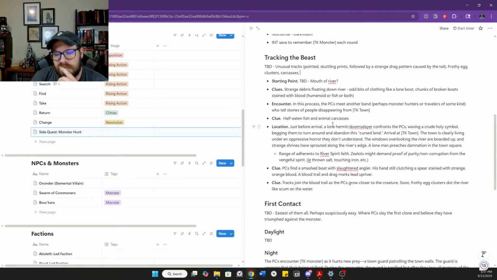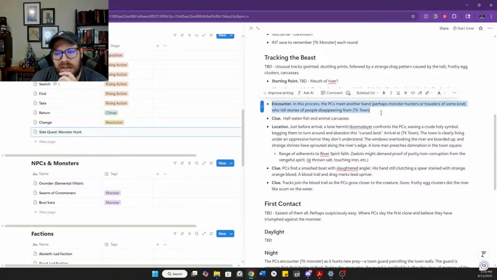So it might be easy enough for the monster hunter to say, "Hey, go to this town," and then beyond the town, there's the mouth of this river, and follow that up until you find the creature's lair or something along those lines. So maybe we want to mix that around a little bit, and that could streamline some of this, and not having to come up with another band here.